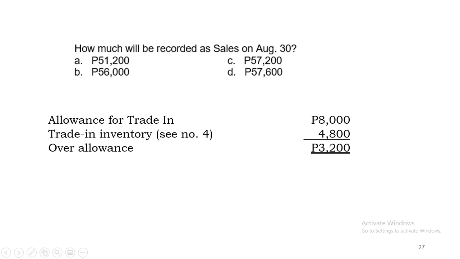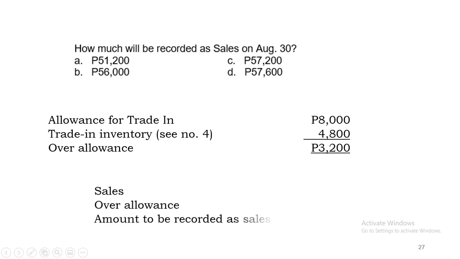Therefore, there is an over allowance of 3,200. So you deduct this from the sales. The sales was 59,200 and the over allowance deducted is 3,200. Therefore, the amount to be recorded as sales is 56,000. Letter B.